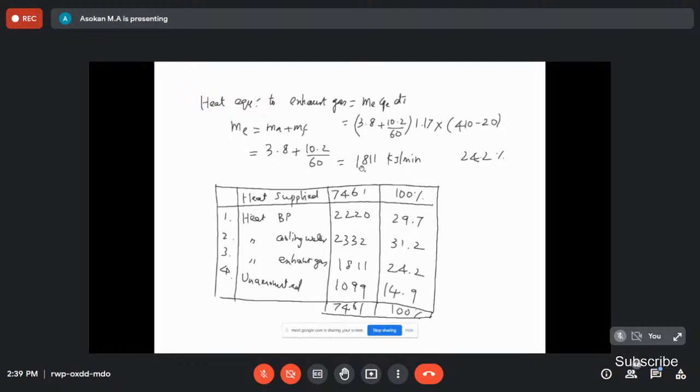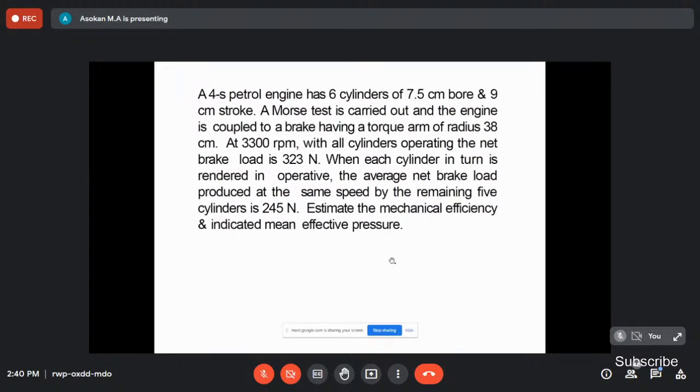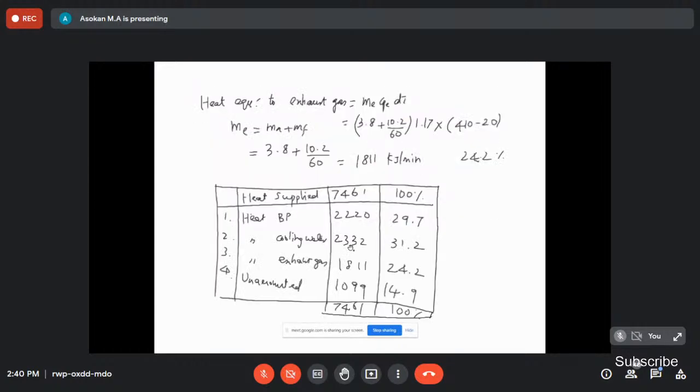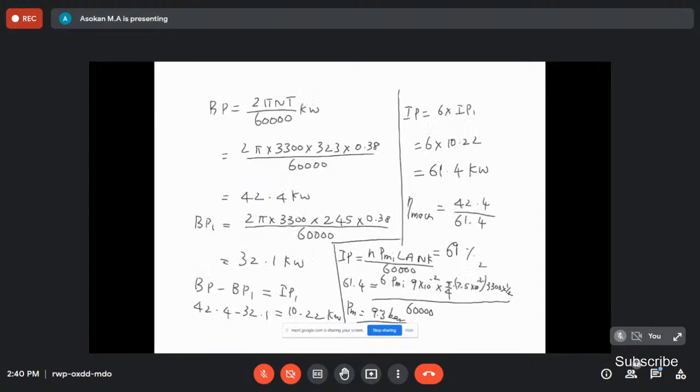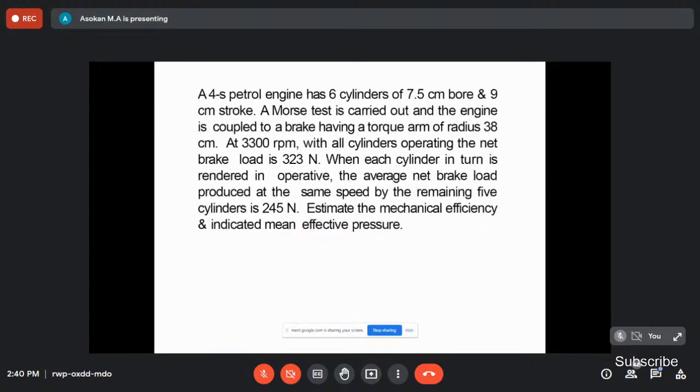So finally you will get 1811, 24.2. Similar problems you can do like this; this is one of the most stressed problems.